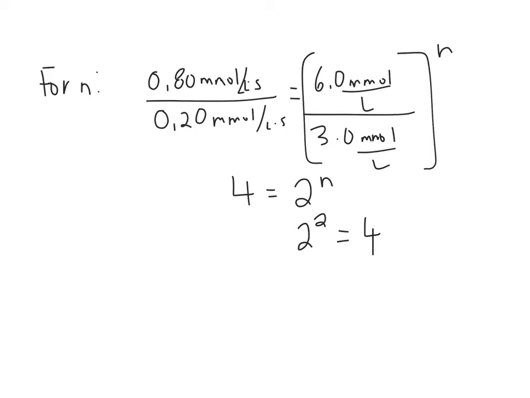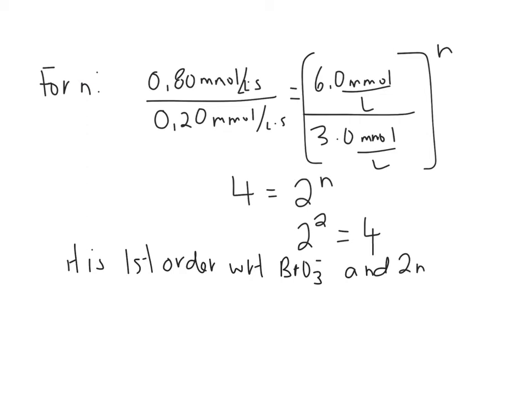So for this reaction, it is first order with respect to bromate and second order with respect to hydrogen sulfite. So it's a third order reaction overall. 1 plus 2 is 3.